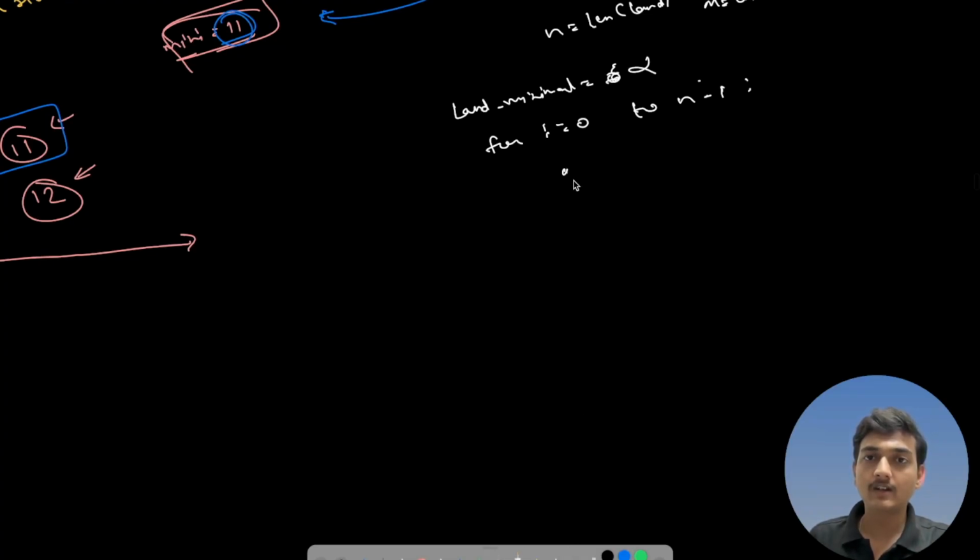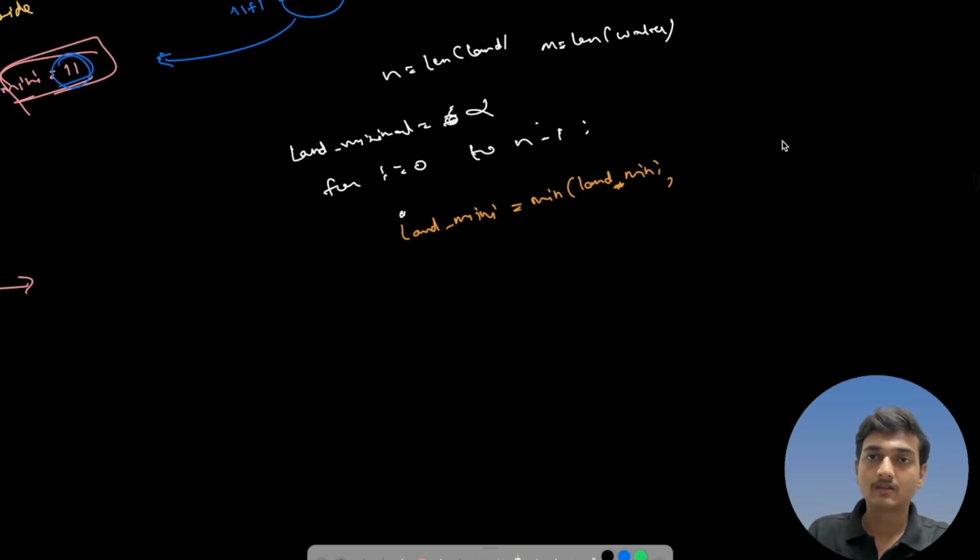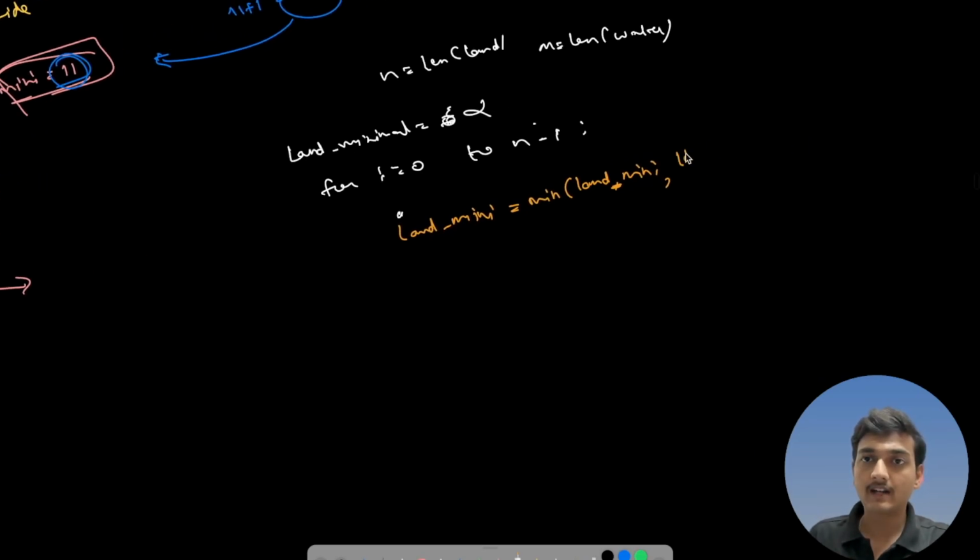Then what I need to do? I need to compare, land mini I can write here is the minimum of land mini, comma, land start time of i plus land duration of i.